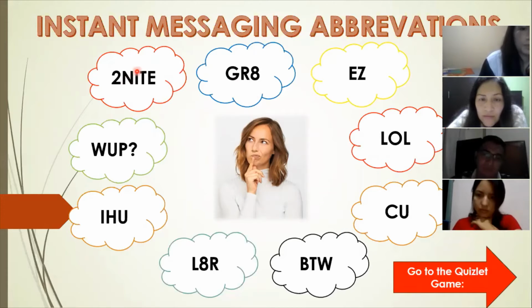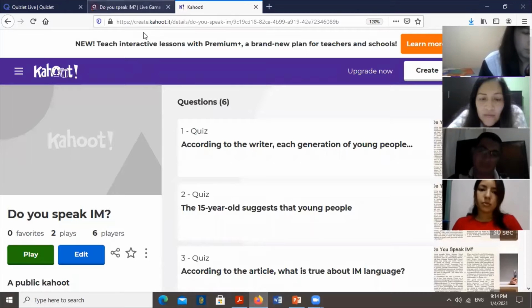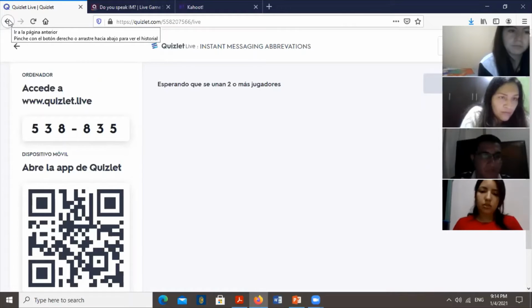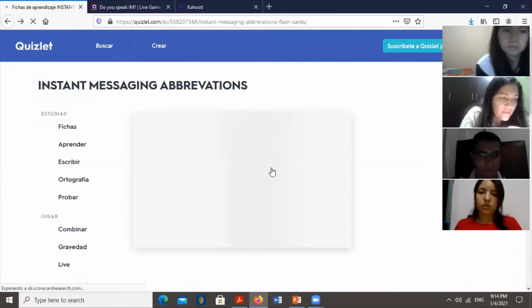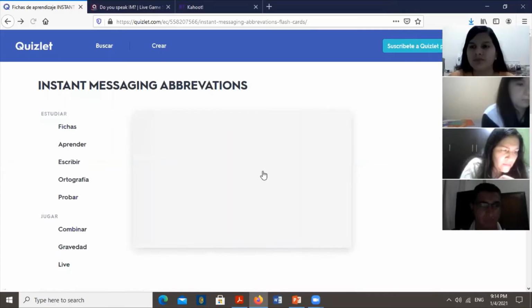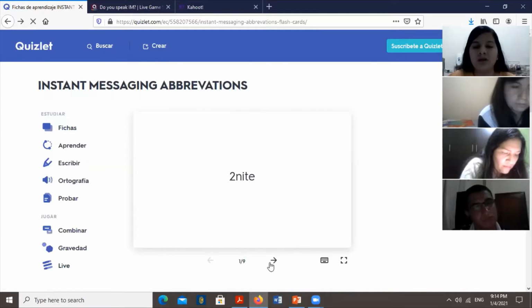Now, in order to practice the meaning of these instant messaging abbreviations, let's go to the Quizlet game, okay? First, as you can see here, this abbreviation means tonight.